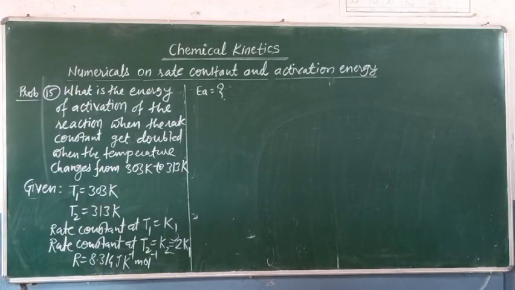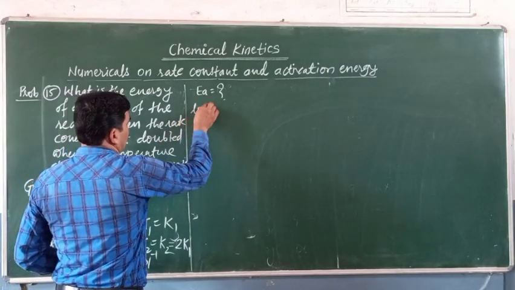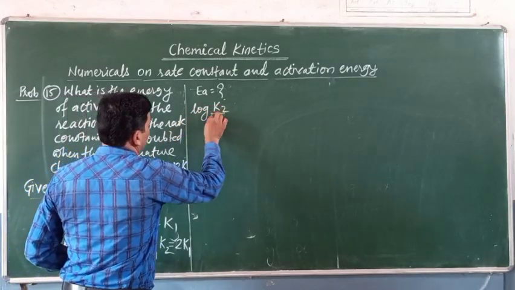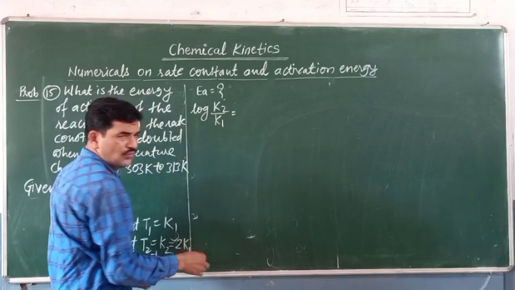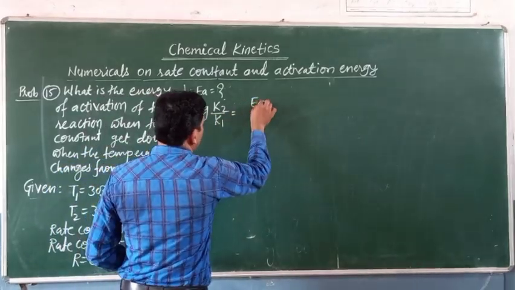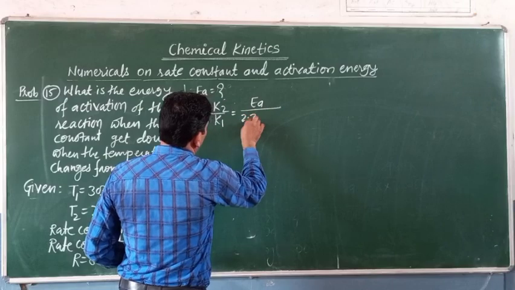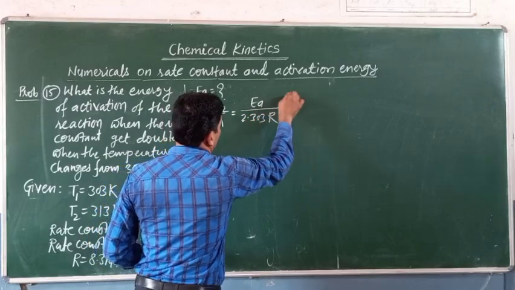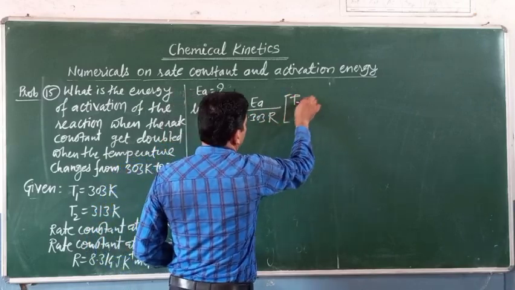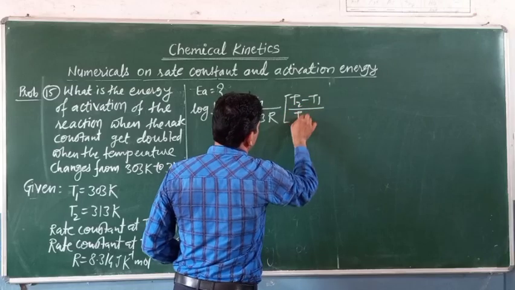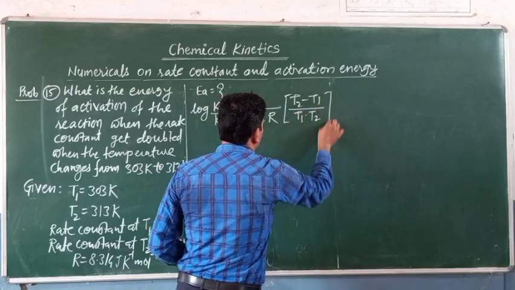Again the formula is the same: log of K2 by K1 equal to EA by 2.303 R, into T2 minus T1 upon T1 into T2. So this is the formula.